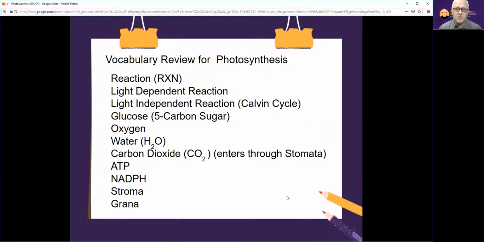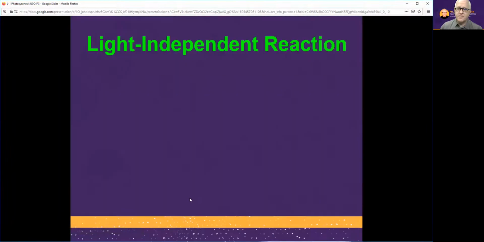We have a 5-carbon sugar, a 3-carbon sugar, a 6-carbon sugar. Those are all glucose. Oxygen, water, carbon dioxide gas, ATP, NADPH, the stroma, and the grana. So let's get into this light-independent reaction.